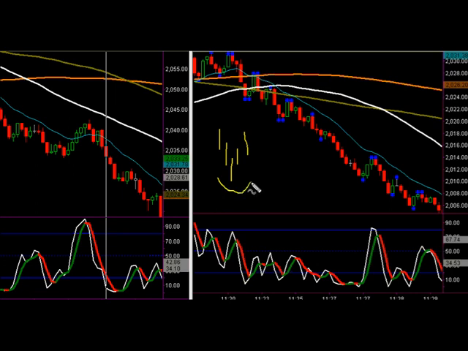And what a 2-bar swing means is I'm just looking for this scenario right here: a lower low and then a higher low that closes. And that's pretty much it.